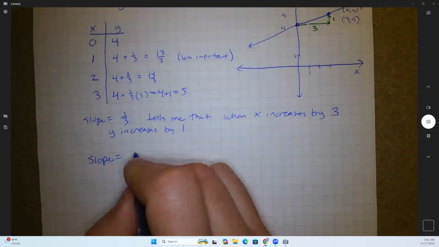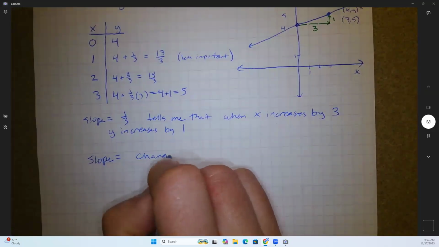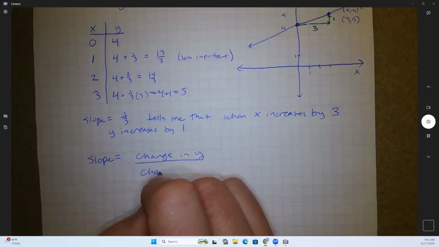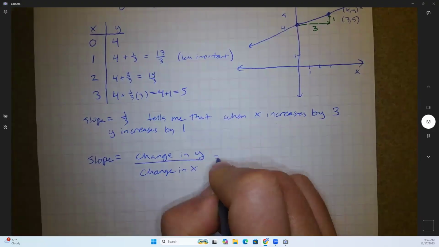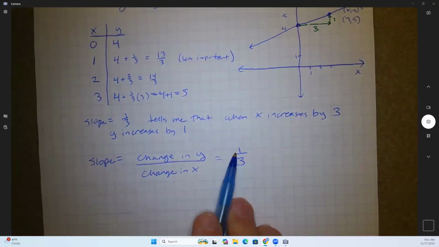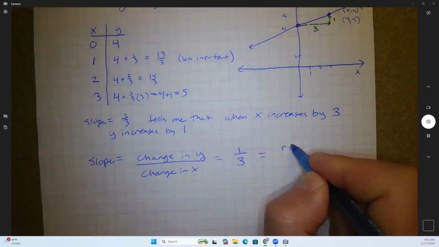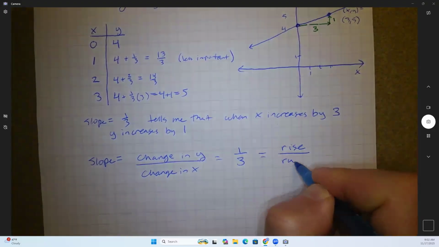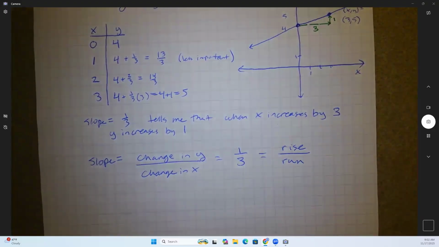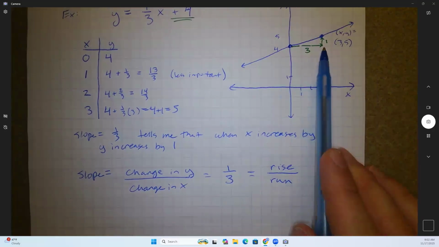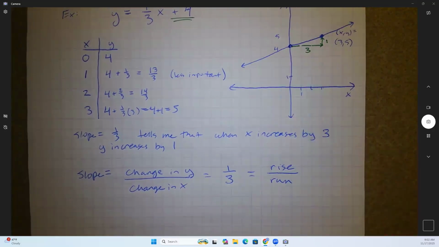So you often see slope written as the change in y divided by the change in x. Y goes up by 1 when x goes up by 3. 1 divided by 3. And another way you often see this written is rise over run. Run is the 3 steps to the right. Rise is the 1 step up.